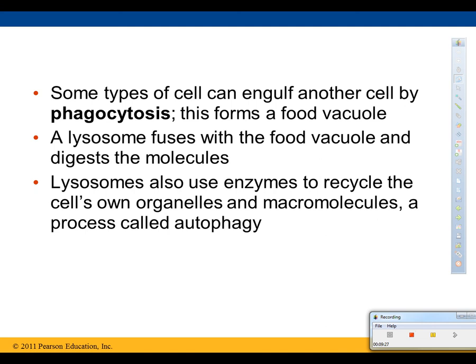So it's kind of like the garbage disposal, because you can put all kinds of things down the garbage disposal. And the lysosome would also be responsible for cell suicide. So if the cell needs to die, which some cells do need to die, it can digest itself, which I thought was interesting.